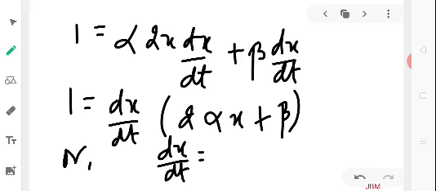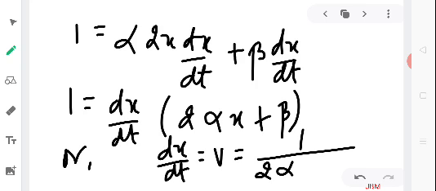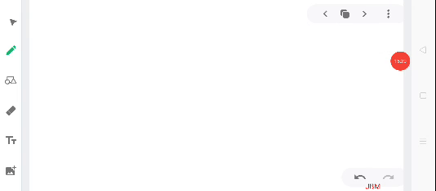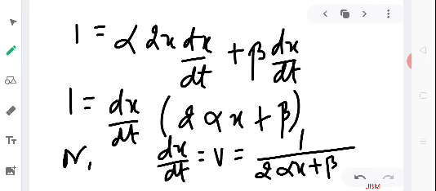That is equal to v. That will be equal to 1 divided by 2 alpha x plus beta. So now we are having the expression for velocity.